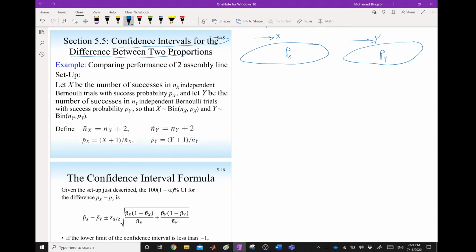Then I will try to find a confidence interval with a specific confidence level of the difference between Px and Py.